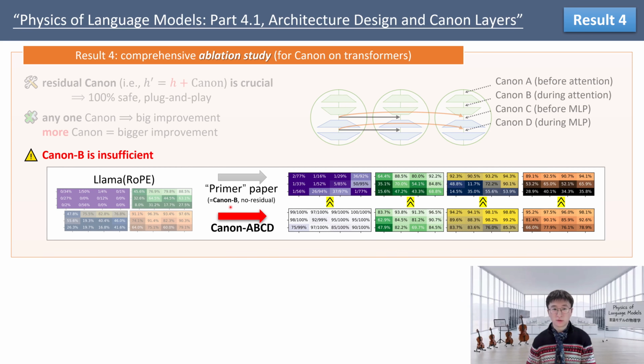They introduced this as a way to fix an attention layer to enable it to perform associative recall, for instance, with a single layer. But in our playground, you can test their idea. Yes, it gives some improvement on top of the original transformer, the original RoPE, but it's still nowhere close to our Canon ABCD design.